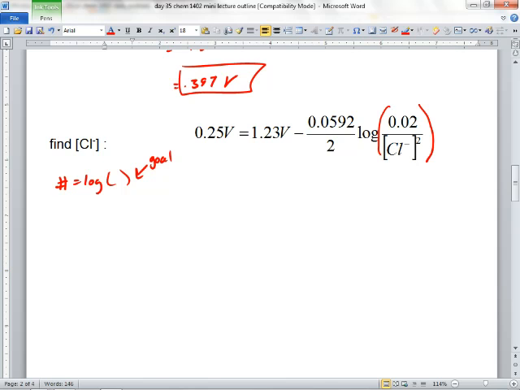Because if you move the 1.23 over, we can do the cross multiplying thing, right? You see that? Move the 1.23 over first, and then do the cross multiplying thing. Then raise both sides to the 10 power, and then we'll solve for chloride. So let's do that.